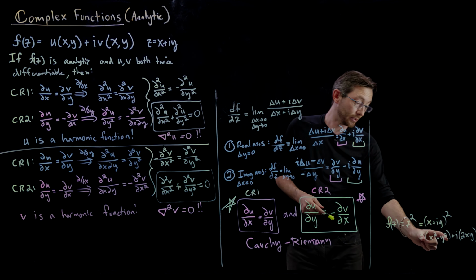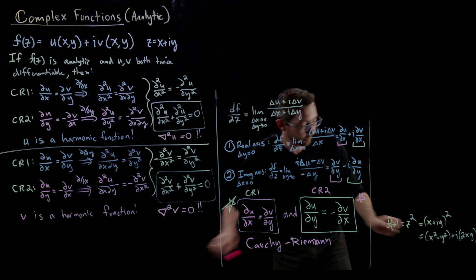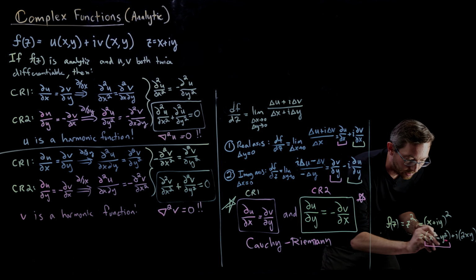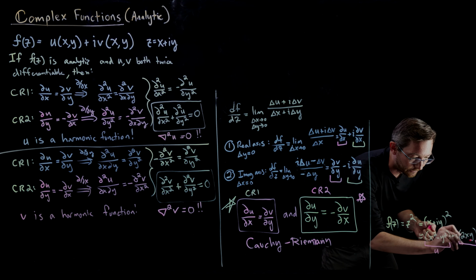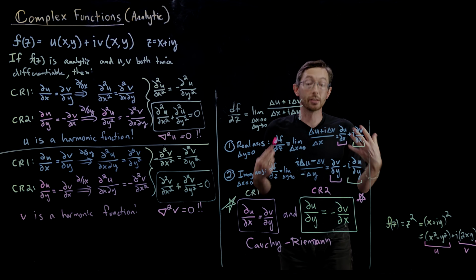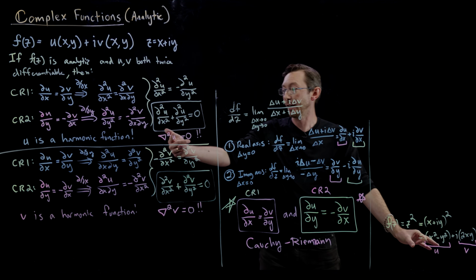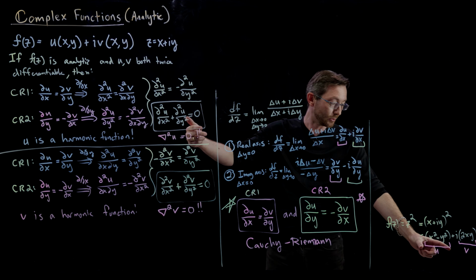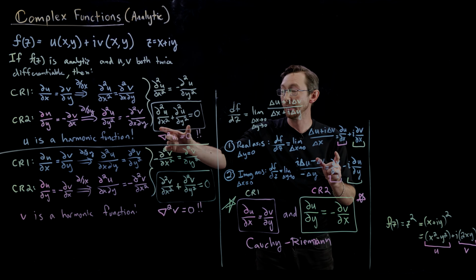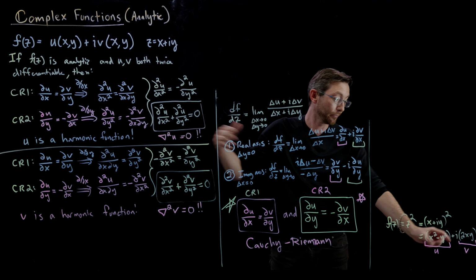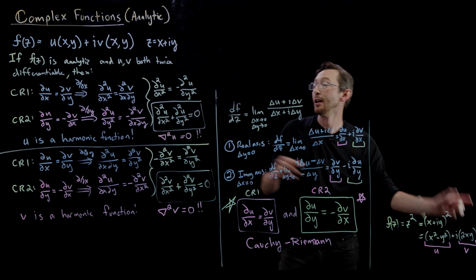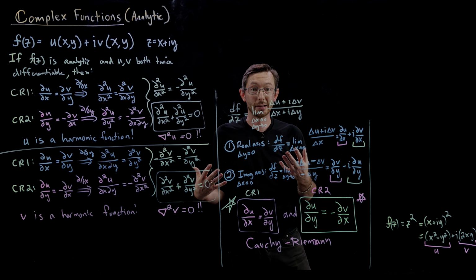I claim that this real part u and this function v are both solutions of Laplace's equation. You can verify it. If you take this function u and plug it in here, this solves Laplace's equation. And if you take this function v and plug it in here, it also solves Laplace's equation.